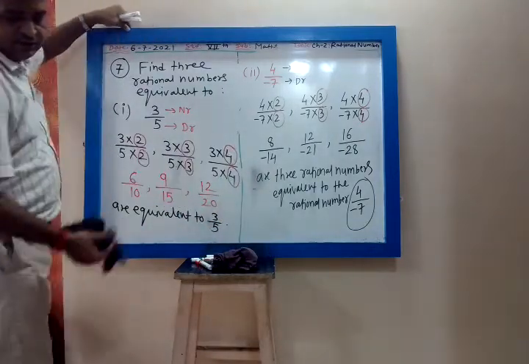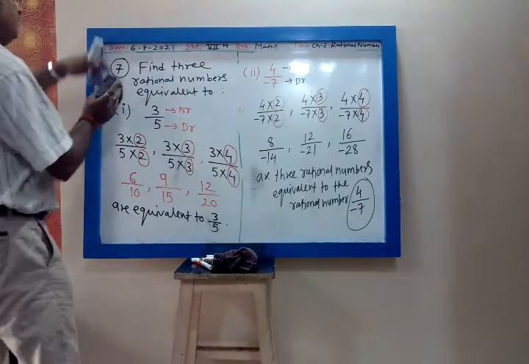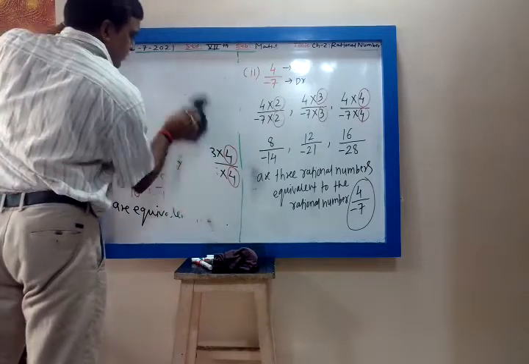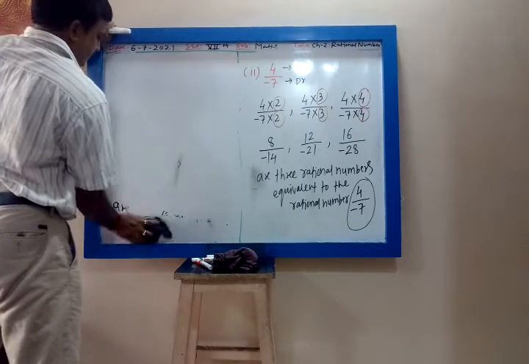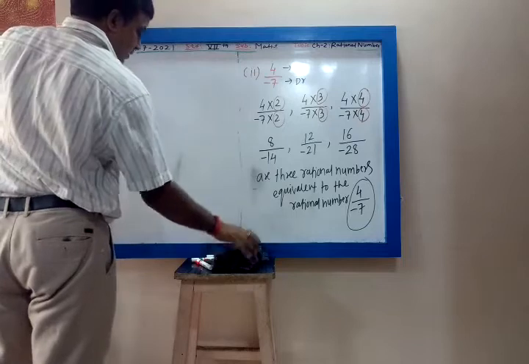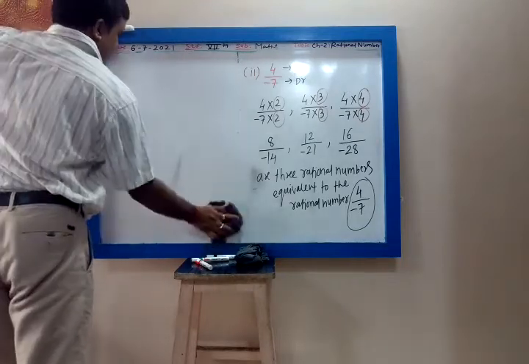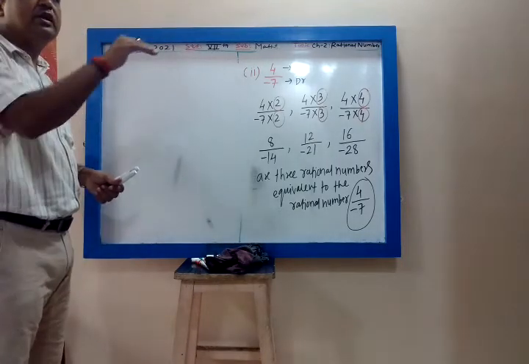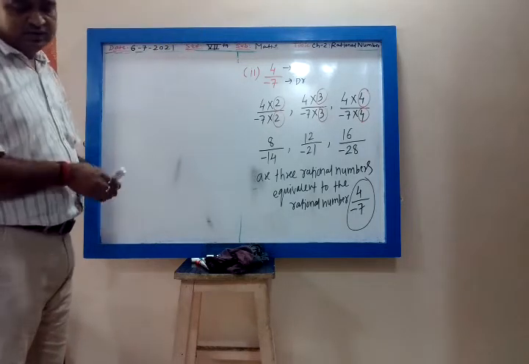So now third part. Third is minus 5 upon 9. Third and fourth I am going to give as homework. So to find three different rational numbers equivalent to the given rational number, we multiply numerator and denominator of that rational number with three different numbers.